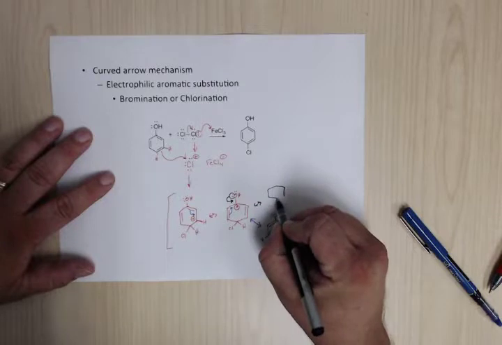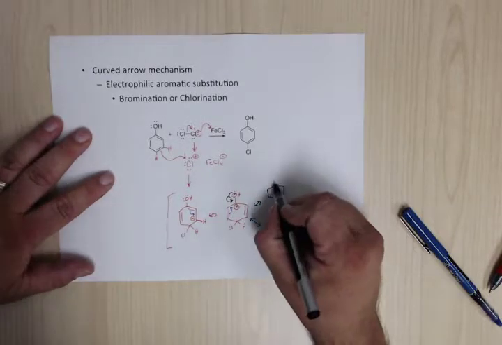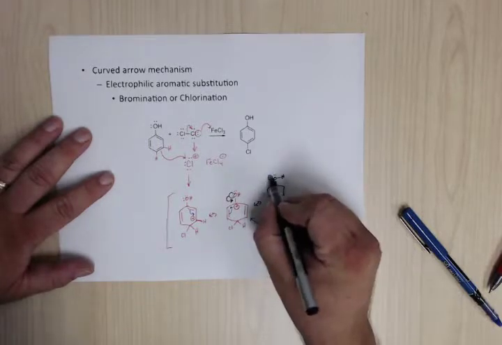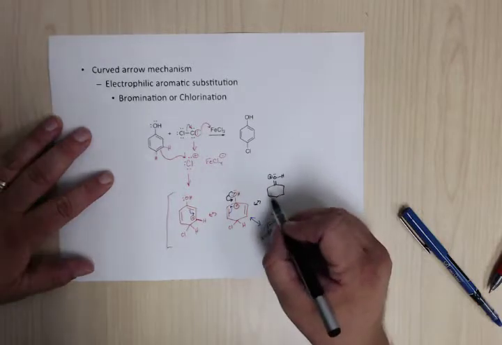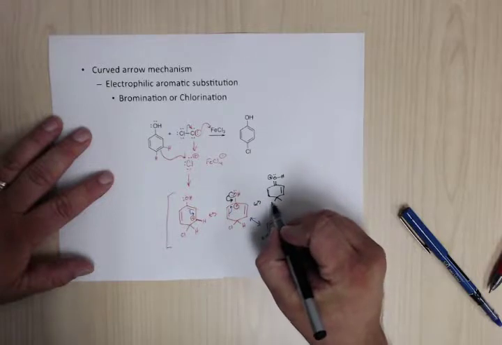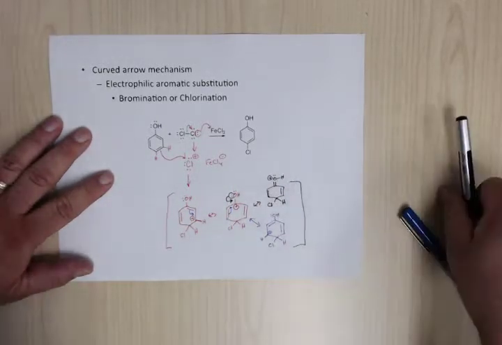Because it's ortho-para, you have this extra option. It's going to be able to utilize those lone pairs in an extra resonance structure. So it's going to look like this. So you have these different resonance structures.